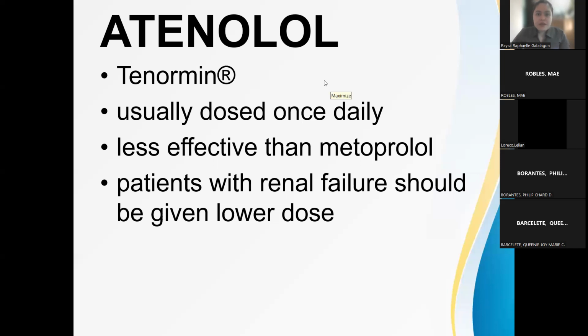Anong difference ng prototype and innovator drugs? Innovator drugs, we are talking about the brand names there. Okay? Pag sinabing innovator drug, like sa paracetamol, paracetamol's innovator drug is Tylenol. So sila yung pinakaunang nag-produce ng paracetamol. Okay?